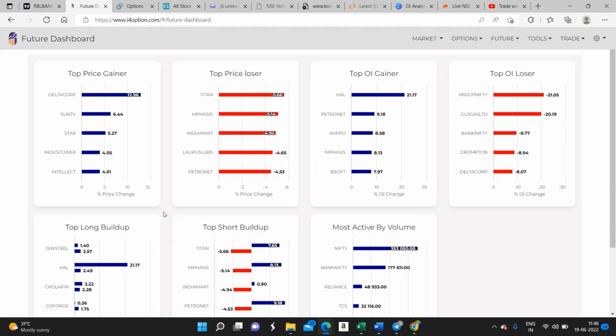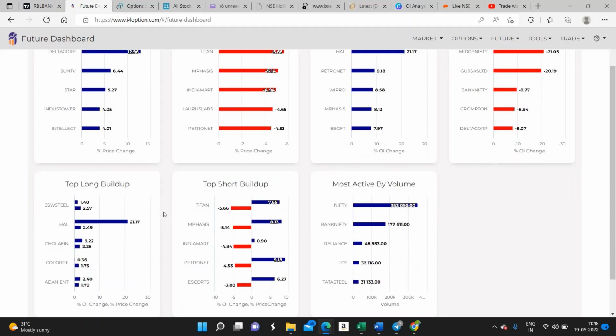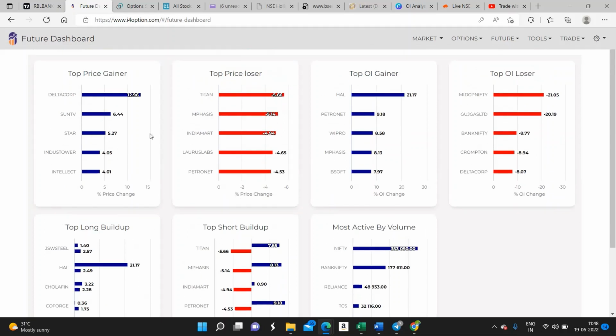Mostly what I will be checking is, if there is a top long buildup, that should be more than 10% here, and price it should be more than 5. I will be showing you on the charts how I check the price action. So these two are very important for going long or going short.